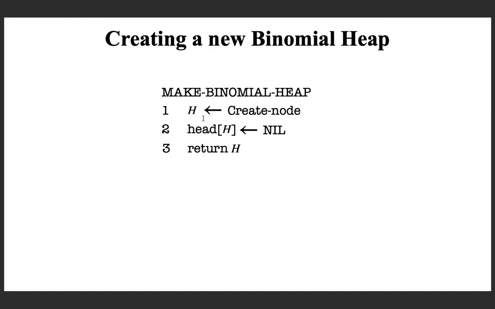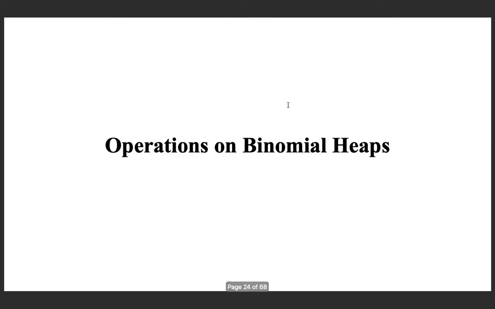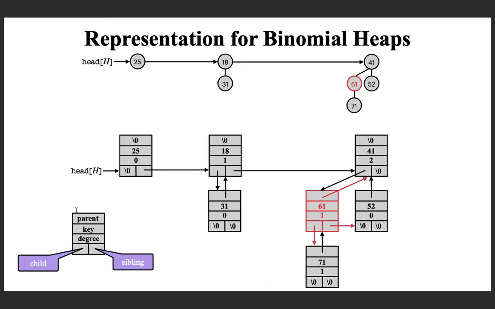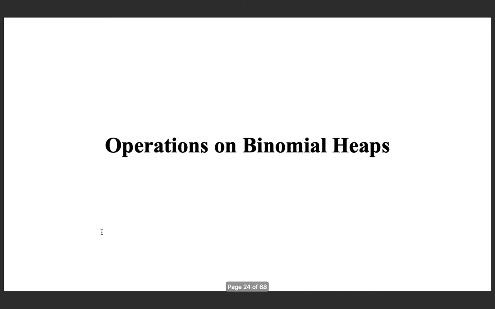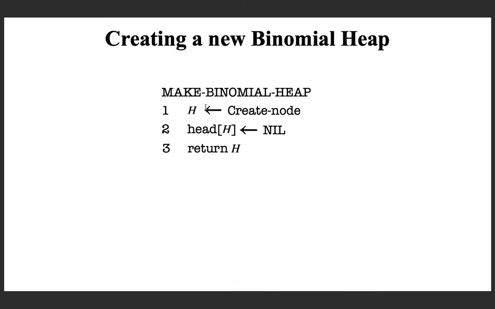It just creates a node of this kind, and it assigns the address of that node to H. Hope you remember that H should point to the first node in the root list. Now you have created a node structure and its address is stored in H.